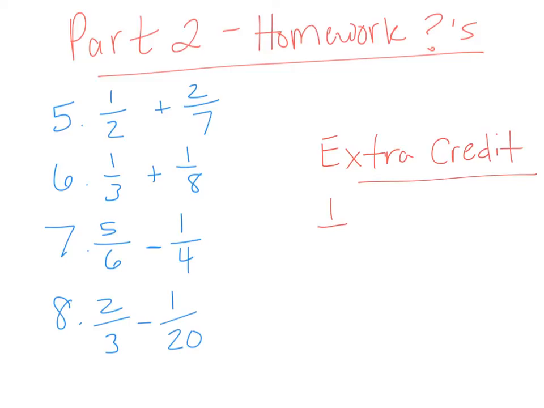It is 1/4 plus 2/5 plus 8/10 plus 1/3. Okay, you can combine these together, and you'll have to be a little bit creative. We haven't talked about how to do this yet, but once you've done that, you can add that on as an extra credit question at the end.